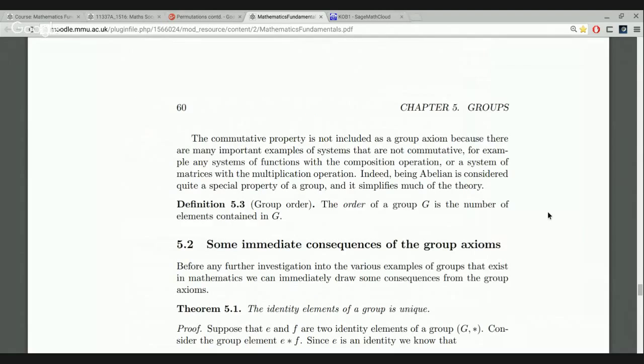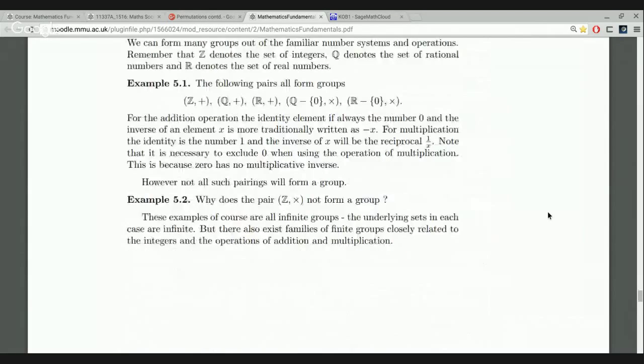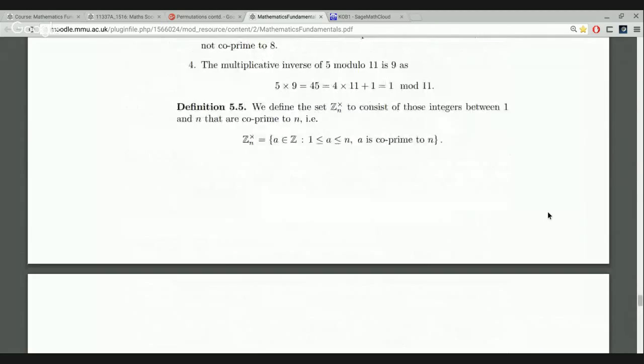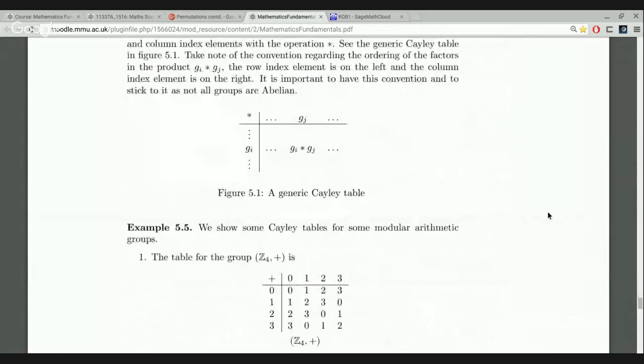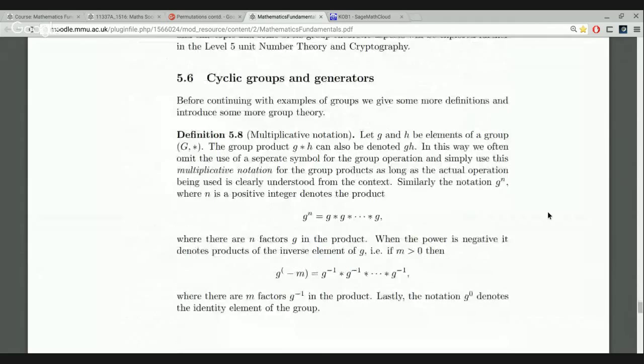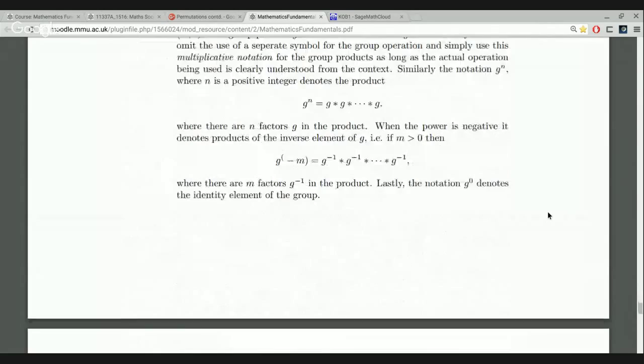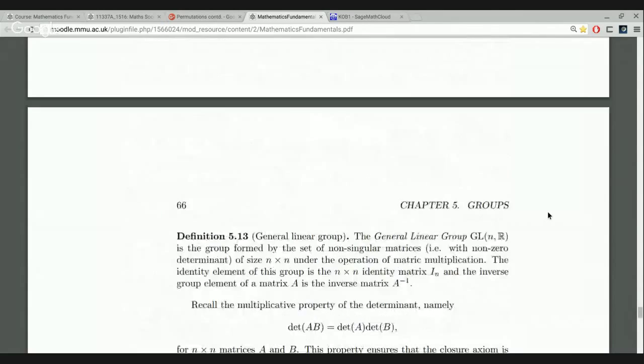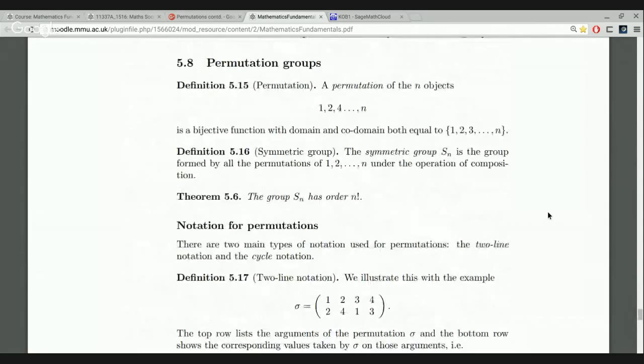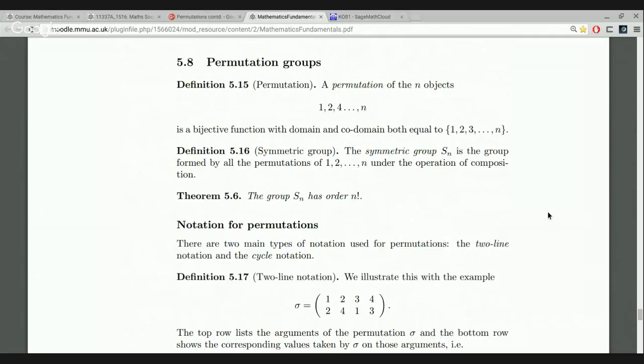Now, I'm going to pick up from where we were last time, where we were looking at permutation groups, or groups of objects called permutations. What's a permutation?